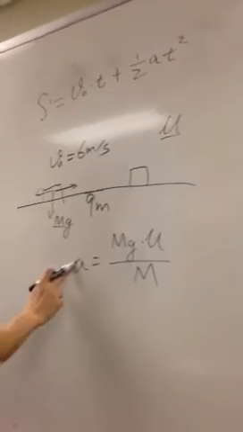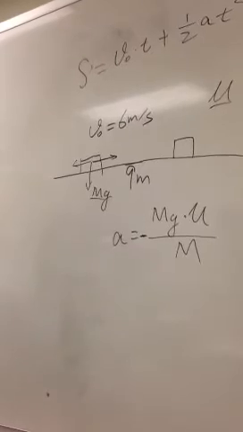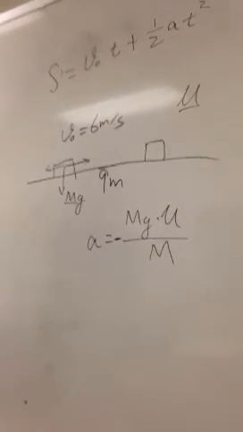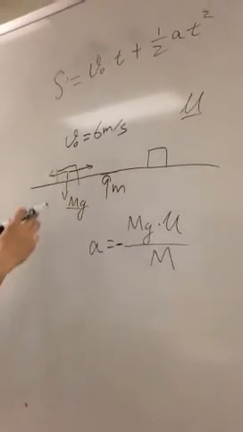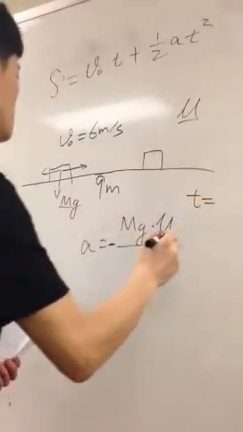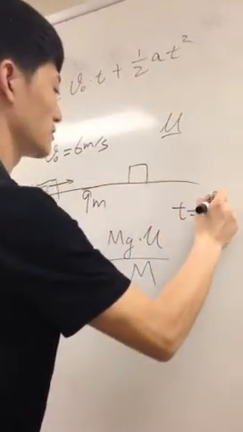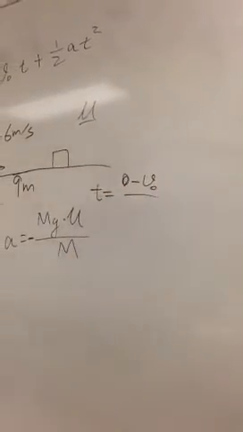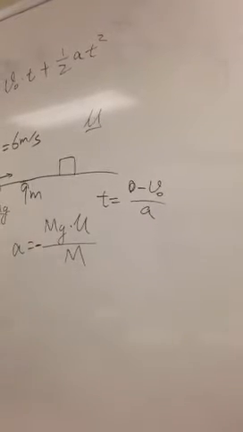The only thing is here the a is equal to negative this value because it's slowing down. Okay, you need to consider this. And the other thing is t. We need to calculate t. T is equal to the velocity change divided by a, right?